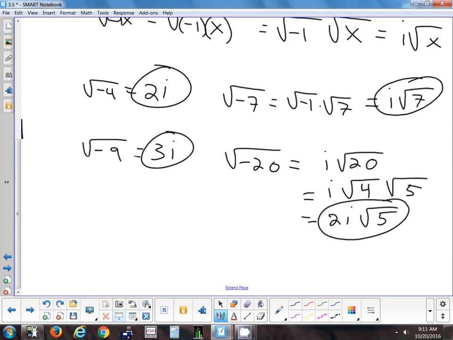I was going to ask if you need an i on both of the square roots. Nope, because there's only one negative there. So one negative, take out one i. Yep, not two i's. If you had something like this, you could do something different, but you'd never have two negatives under a root.